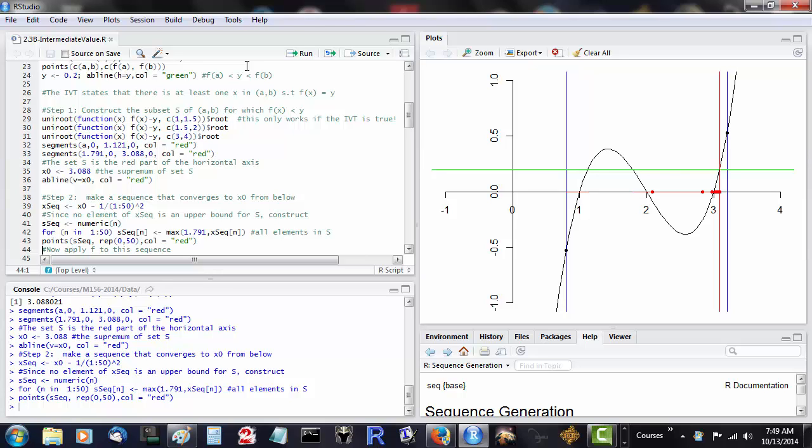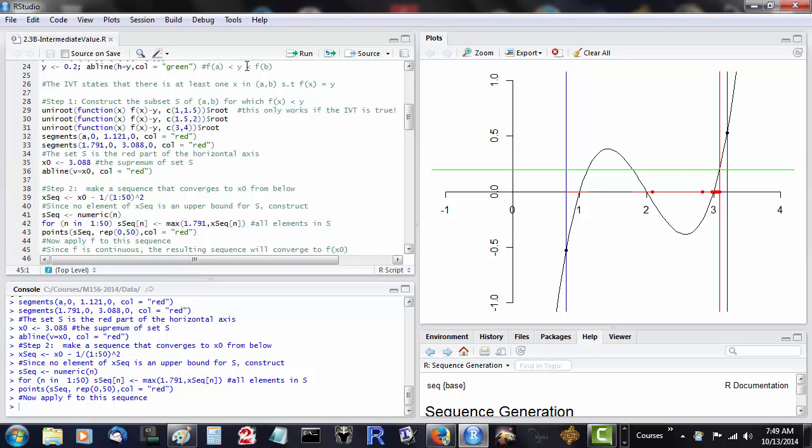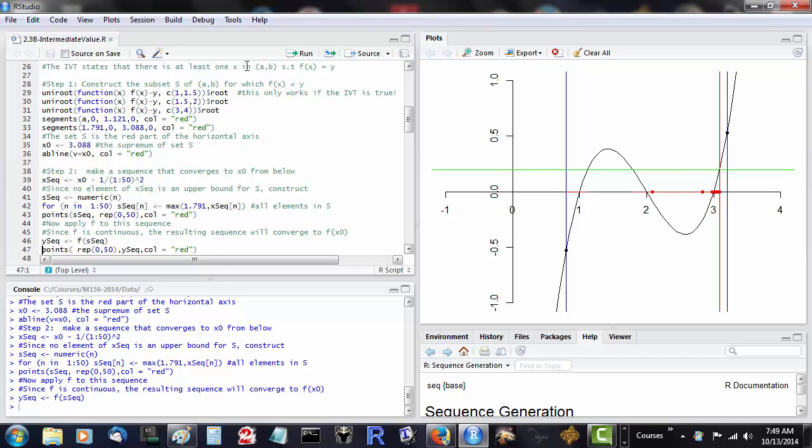Now I apply f to that sequence. Since f is a continuous function, every sequence is good. This sequence has to converge to f of x0.